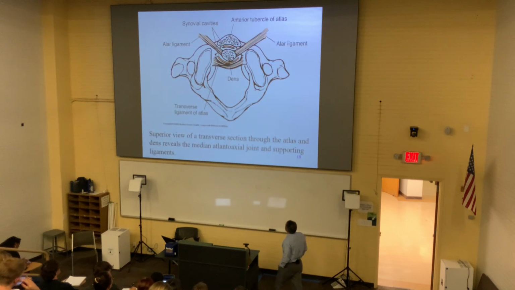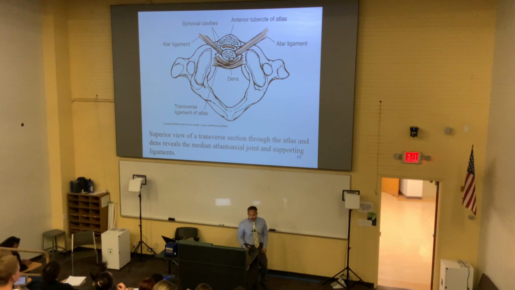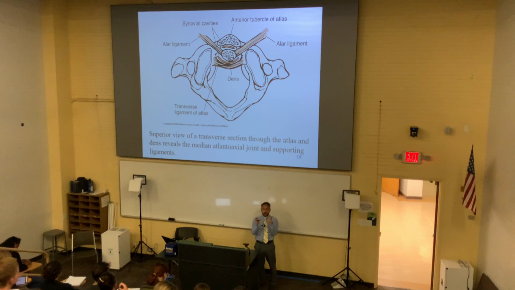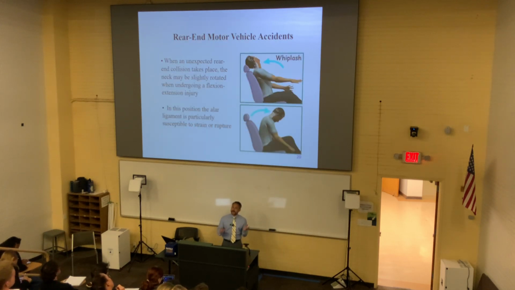And we also see, in a slightly different slice, but you can appreciate the dens and the transverse ligament here, and then alar ligaments that interface on the right and the left side, giving us three different ligaments that support and hold C2 to C1 in place. So, shouldn't be a surprise, but one of the number one injuries in the cervical region is of these ligaments.